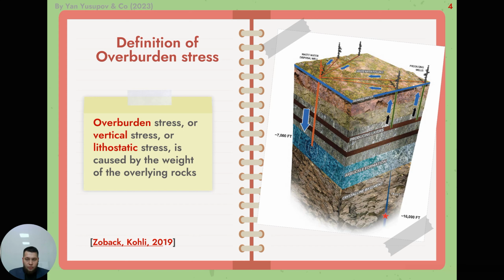The magnitude of overburden stress is equivalent to the integral of rock densities by the depths. In other words, overburden stress is the weight of overlying rocks.